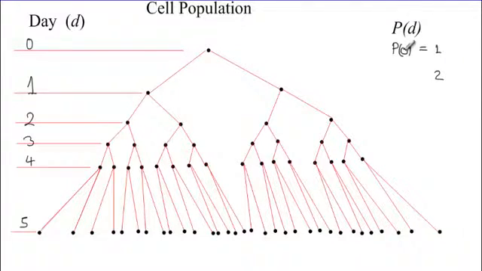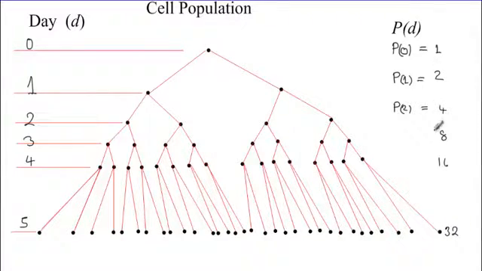So this is day 0, then P at 1, after 1 day, the population will be 2. Then after 2 days that will be 4, and you can see that it continues: it goes to 8 and 16, and up to day 5 we've got 32.